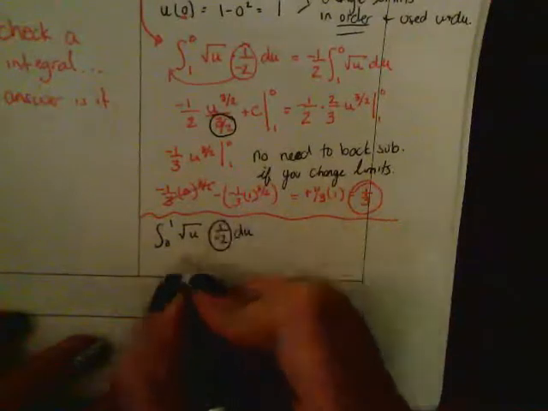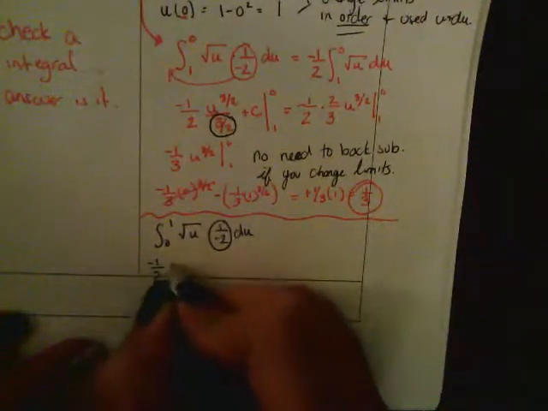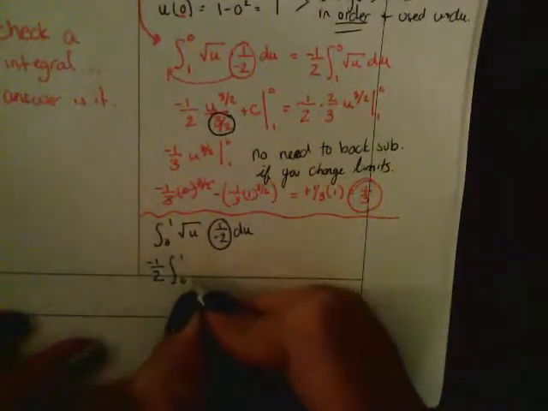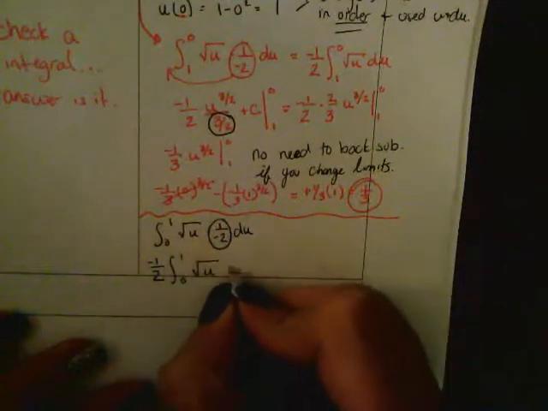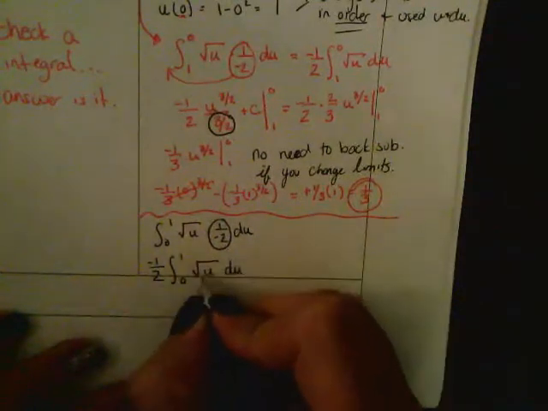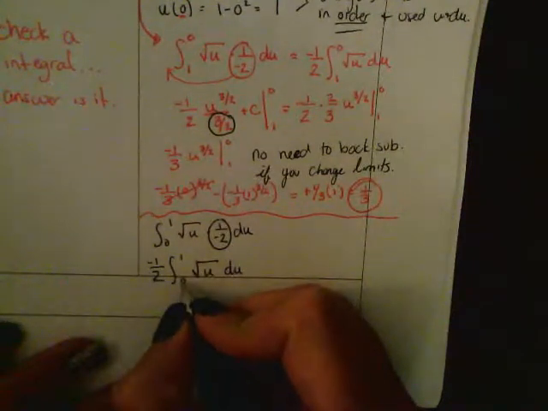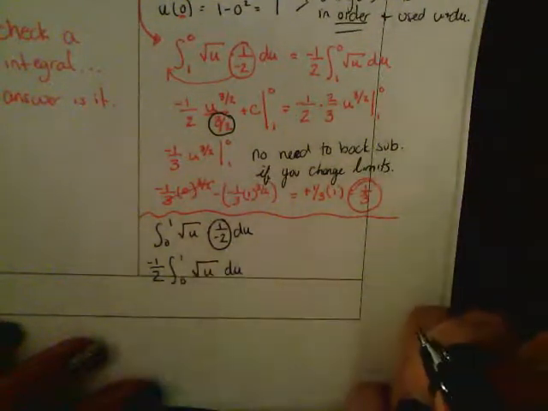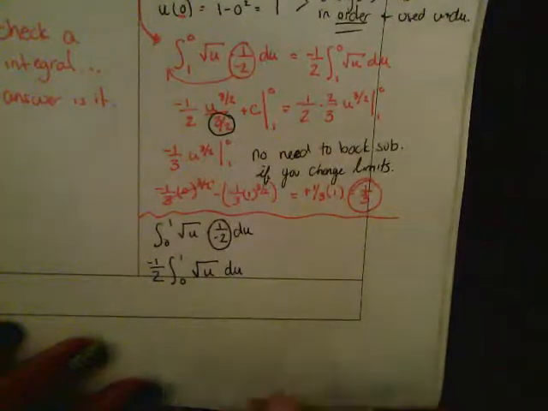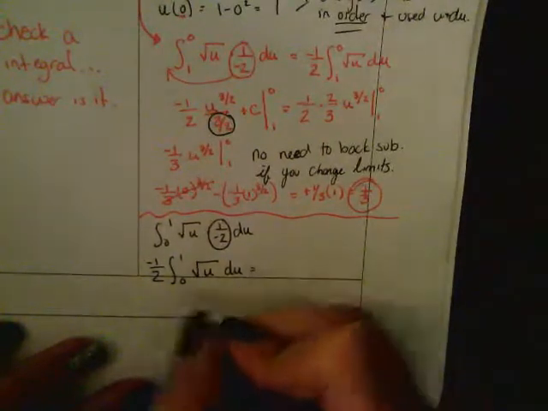So take out the 1/2, so negative 1/2 of the square root of 1 to 0. See, I'm not changing anything. I'm going to integrate this with these bounds. So I'm not changing my limits. I'm not changing my upper and my lower bounds using my u. So that means I have to back substitute.